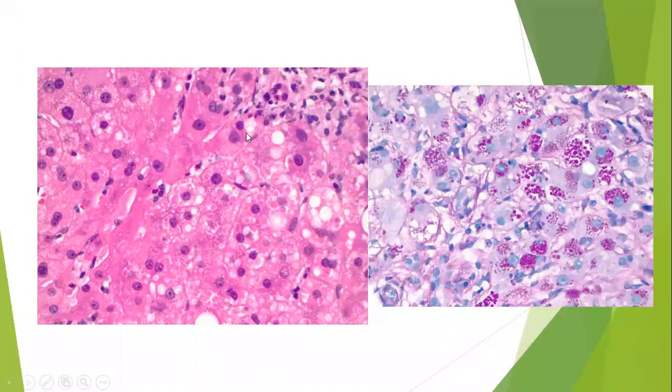Within the cytoplasm of the liver cells, you can see these round red eosinophilic globules. These globules are highlighted on the right, which is a PAS-D stain, periodic acid-Schiff with diastase. So this is a case of alpha-1 antitrypsin deficiency.